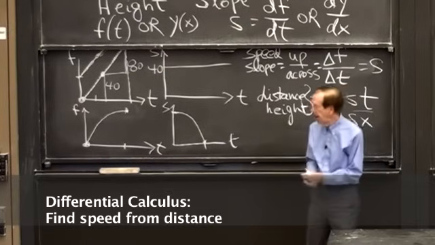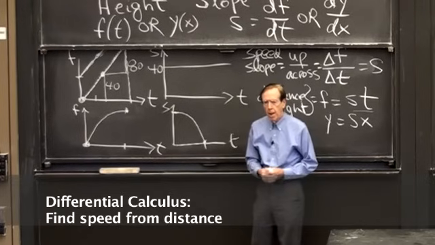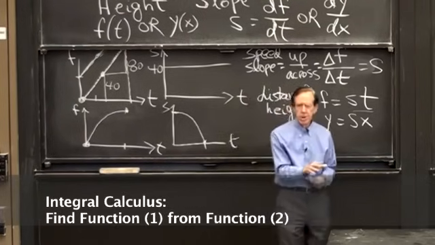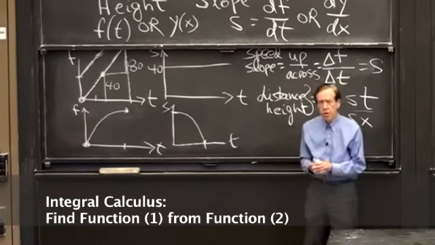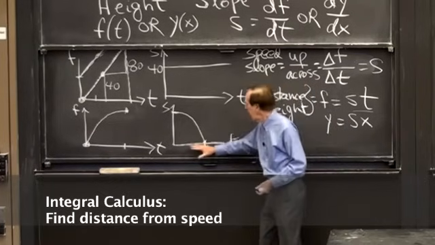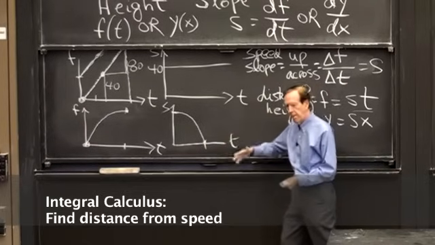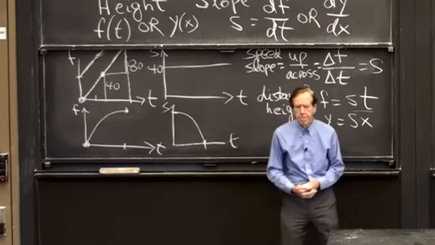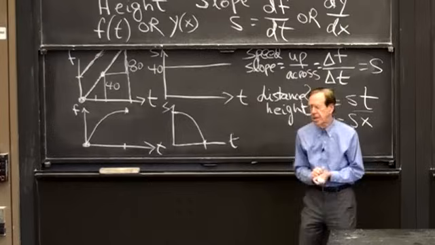Big, impressive word anyway. Finding the speed. Going the other direction is called integral calculus. The step is called integration, when you take the speed over that period of time and you recover the distance. So it's differential calculus in one direction, integral calculus in the other.